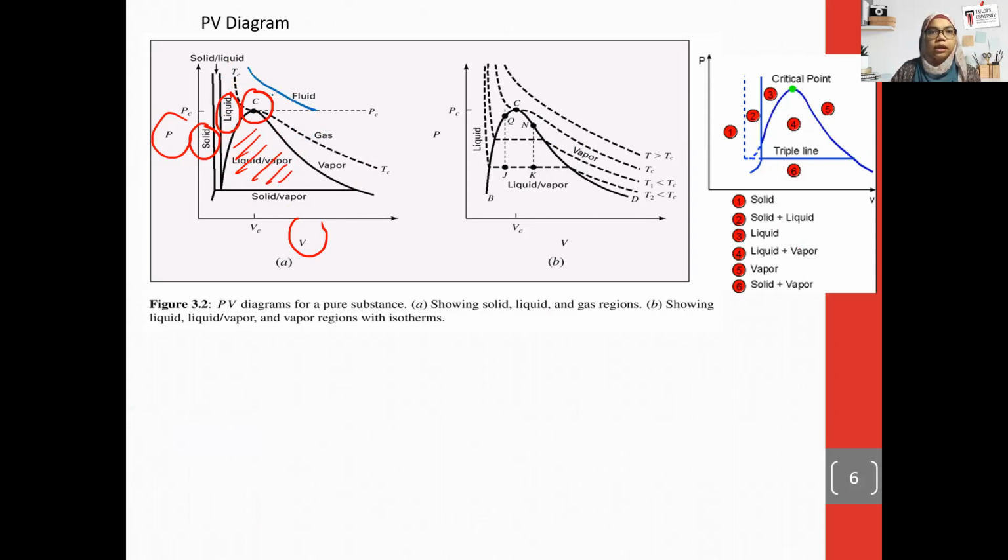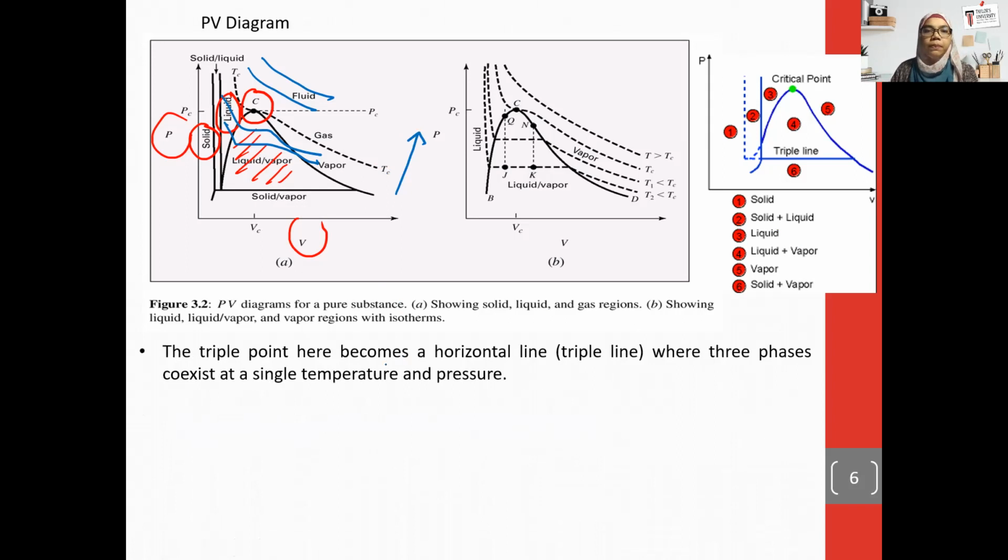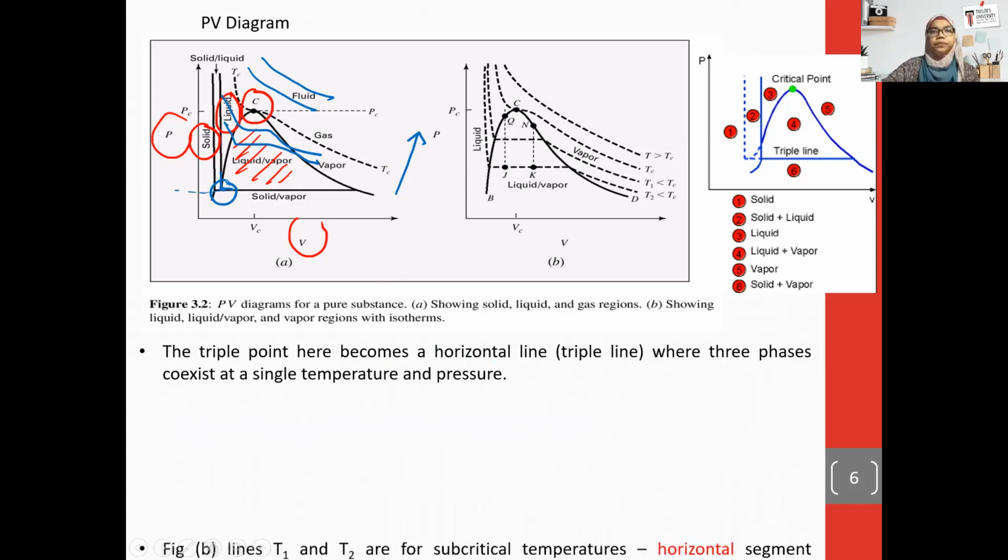This is the line for the temperature. As this line increases, that means the temperature increases. The triple point here becomes a horizontal line. This is your triple point. You can see the horizontal line here where three phases coexist at a single temperature and pressure.